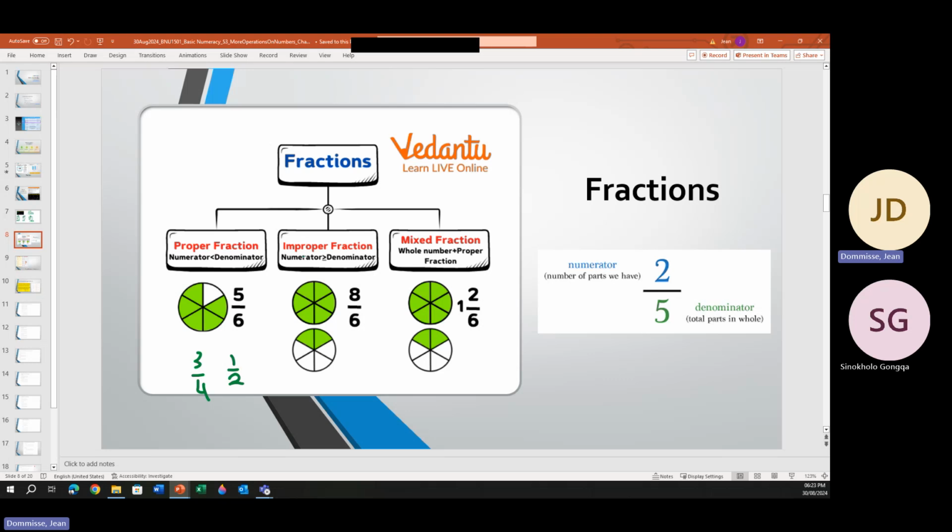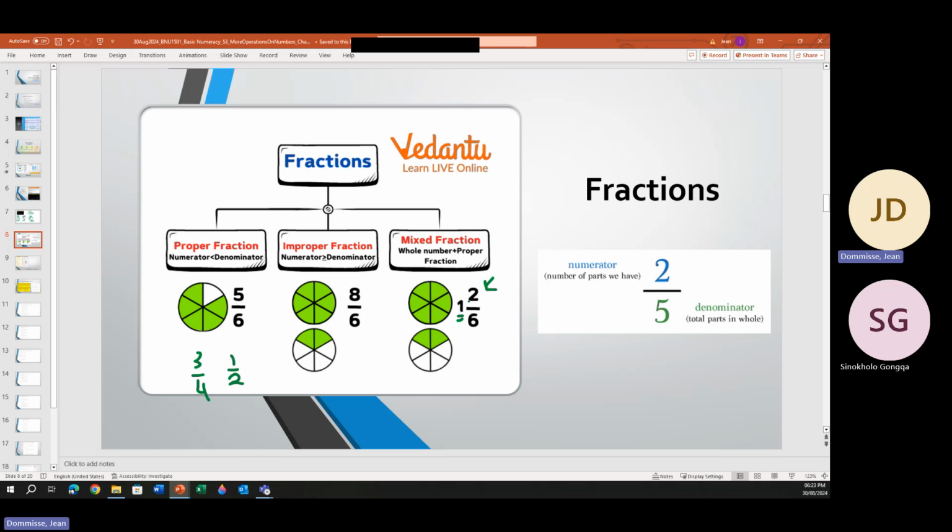If they rewrite an improper fraction so that you have a whole number, then we call it a mixed fraction. So a mixed fraction is basically a whole number with a proper fraction. Okay, so that is what a mixed number is.